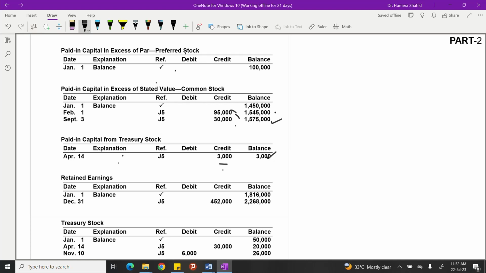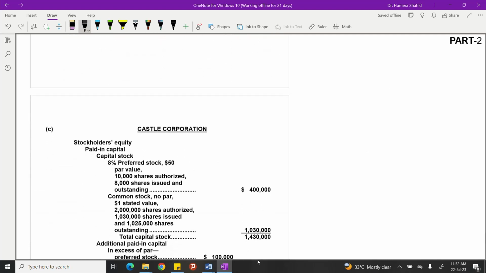Then comes retained earnings, its opening balance is here, and the last journal entry has increased it with 452,000, so it becomes 2,268,000. Then comes treasury stock. The opening balance of treasury stock was given in the question, and then in April you sold treasury stock of 30,000, and then on November 10 you again purchased 6,000, so the ending balance becomes 26,000.